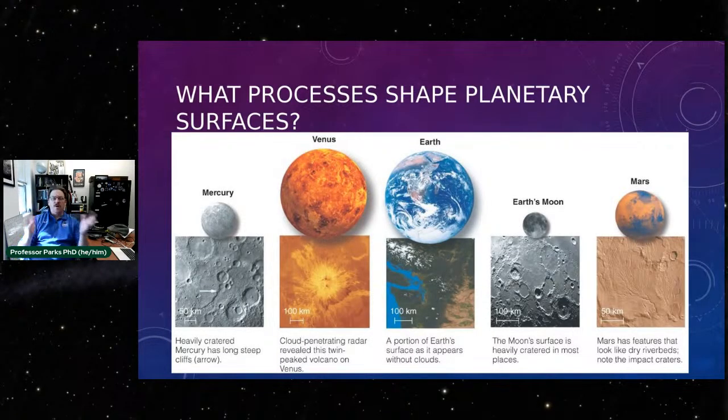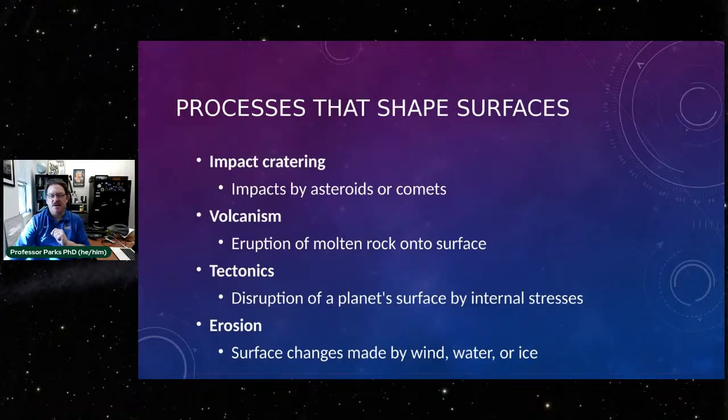So, what are the processes which shape planetary surfaces? Well, I'm going to be talking about 4 in particular. First one is impact cratering. This is the impact of either an asteroid or a comet, something that has mass that is moving at a sufficiently high velocity.